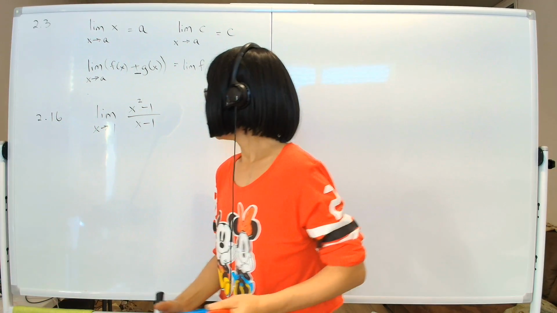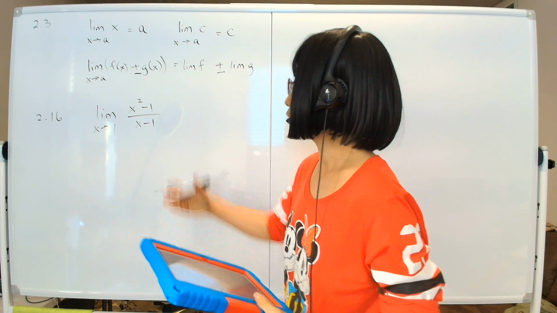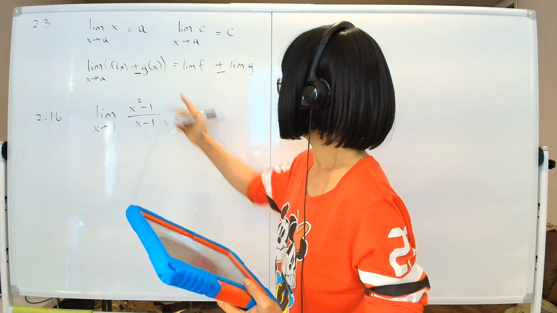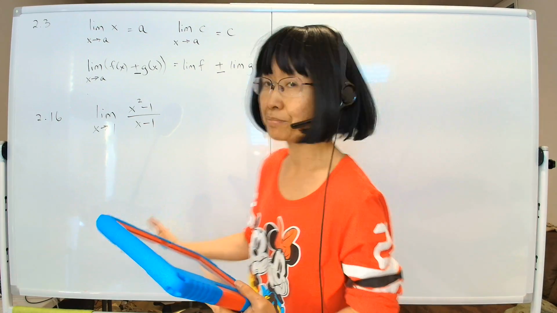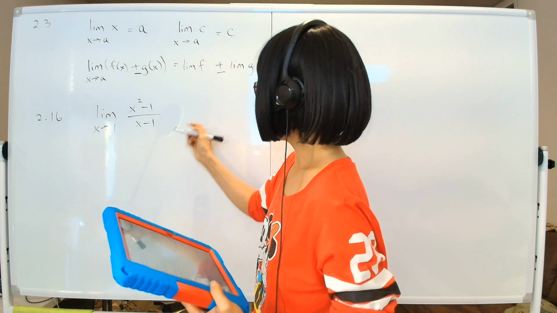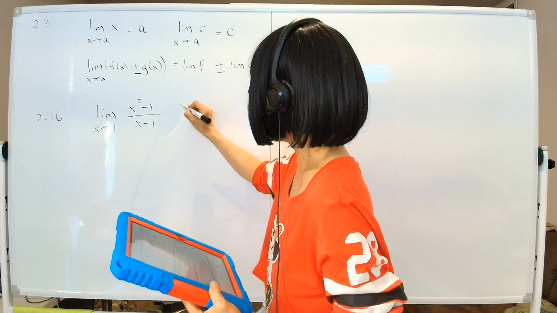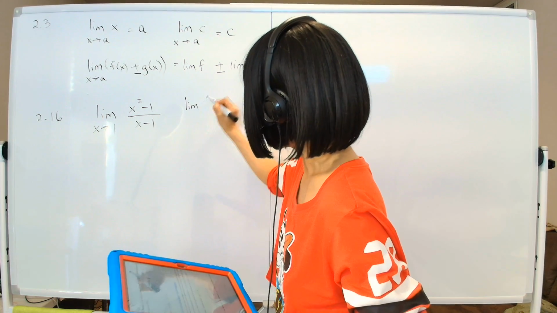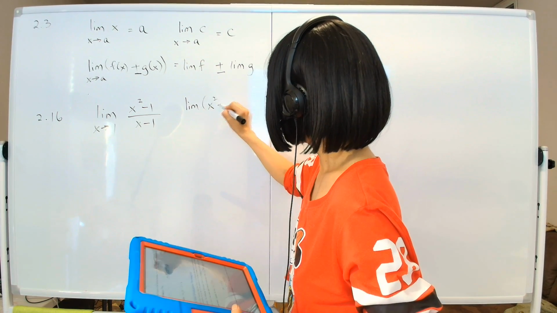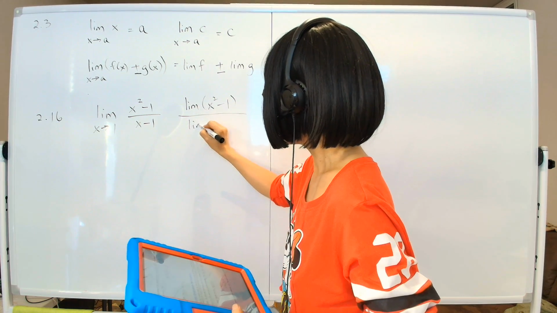Now that looks like an easy enough problem at first sight. You just calculate the limit by plugging into each one, like I said. Addition, subtraction, division, doesn't matter, and then you calculate the results. So you get the limit. Like I said, you calculate the limit of each one, right? The limit of x squared minus 1 divided by the limit of x minus 1.